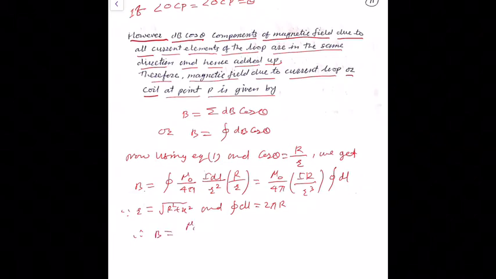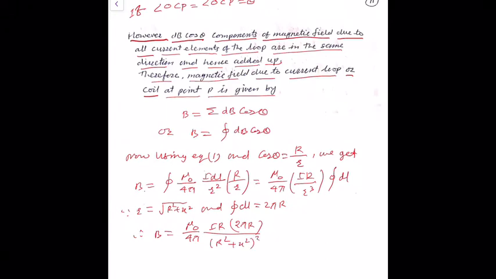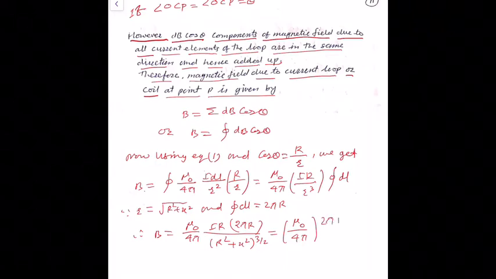Therefore, B is equal to mu naught upon 4 pi I R into 2 pi R upon (R square plus x square) power 3 by 2, or we can write mu naught upon 4 pi into 2 pi I R square upon (R square plus x square) power 3 by 2.